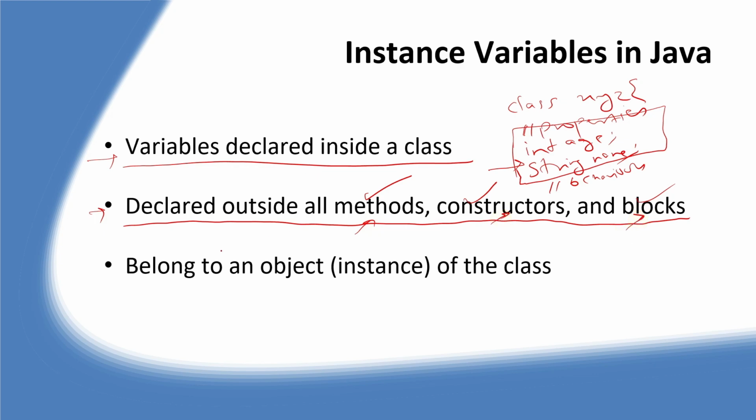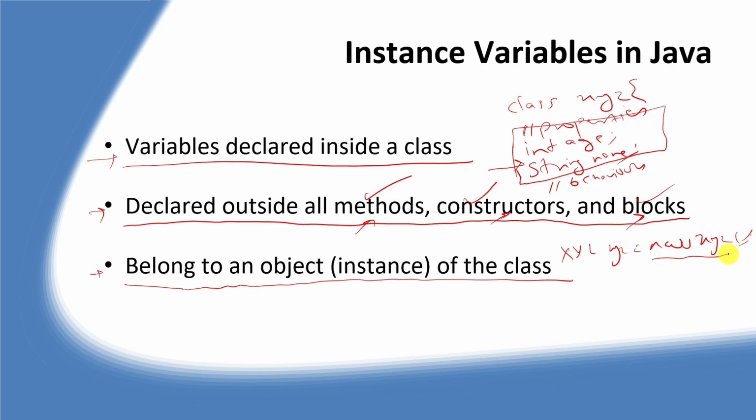Okay. And the third point, it should belong to an object of the class. So when we create an object, let's say xyz, okay, how will the object be created? xyz equals to new xyz, like that we will create object, right?